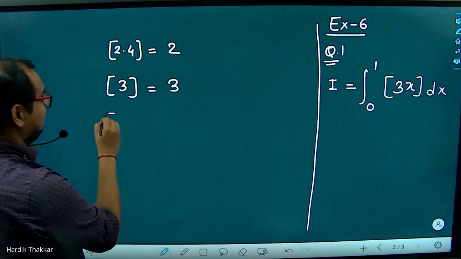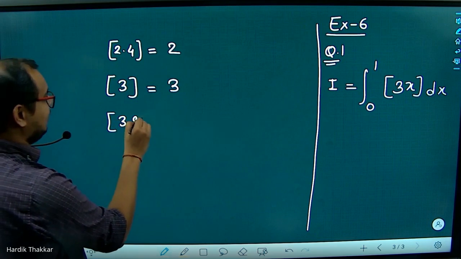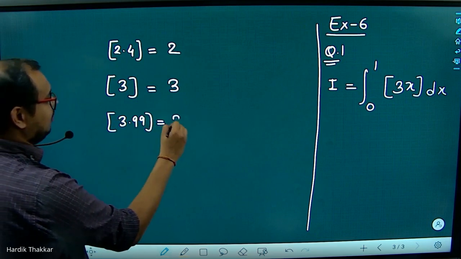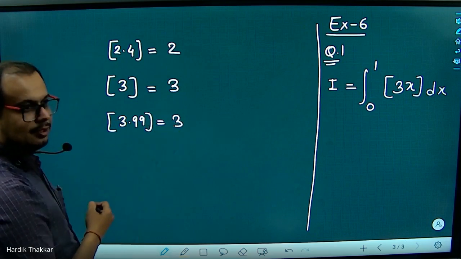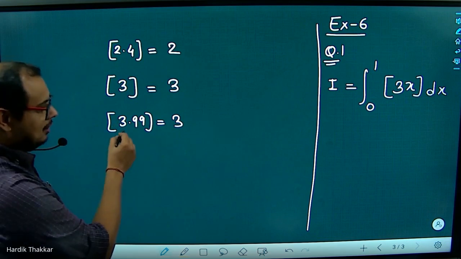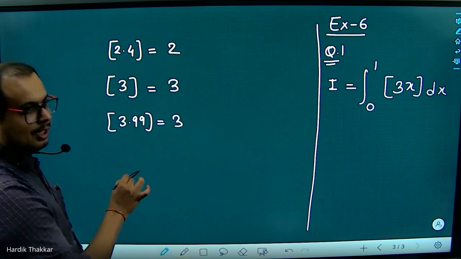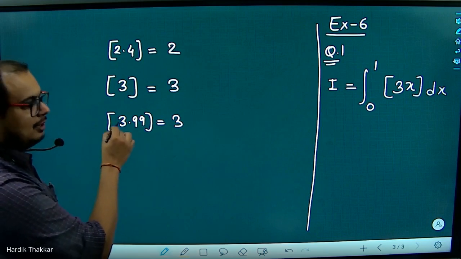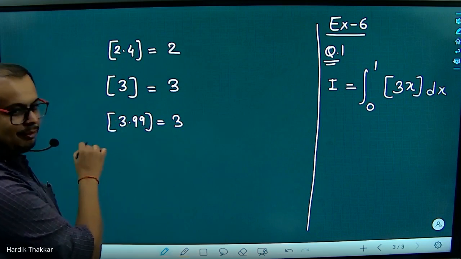So if the input is an integer, we write it as it is. If it is not an integer, we write the integer previous to that number.